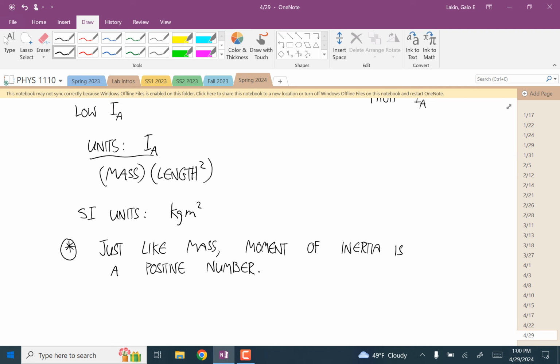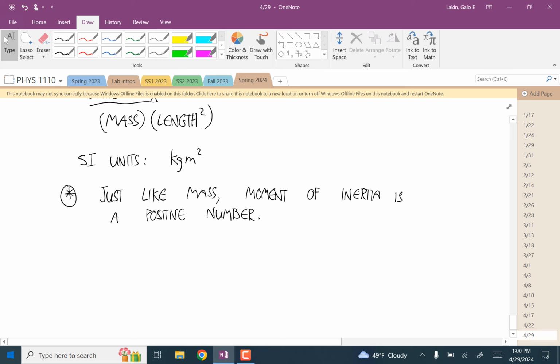The only things that we're going to need a moment of inertia for in this class are rectangles with the fixed points at different locations. So this is just a diagram of the moments of inertia of rectangles with various fixed points.